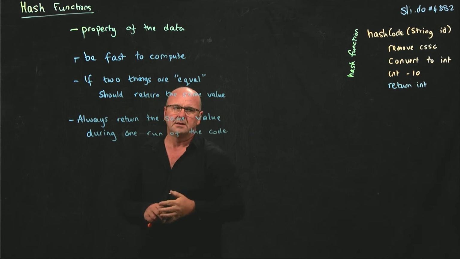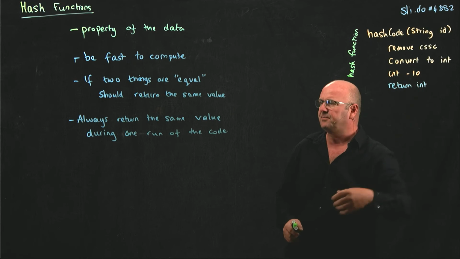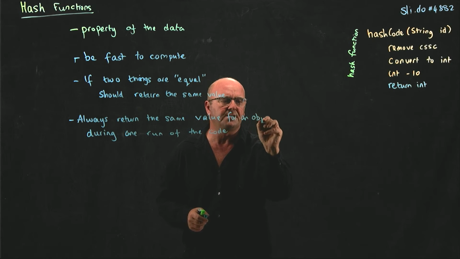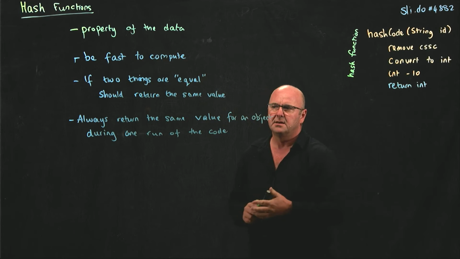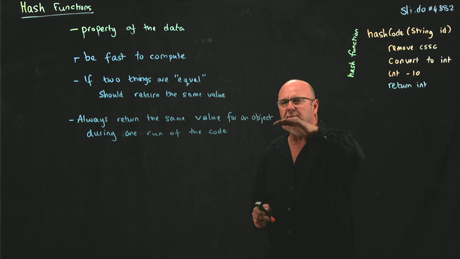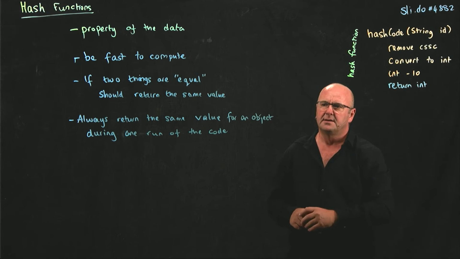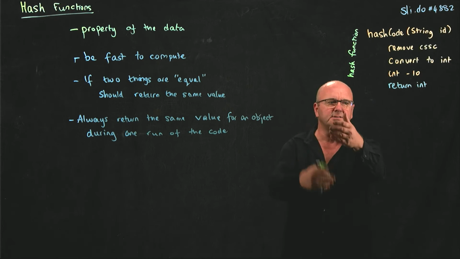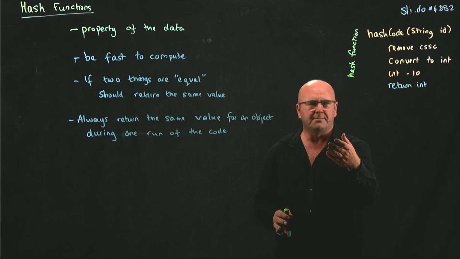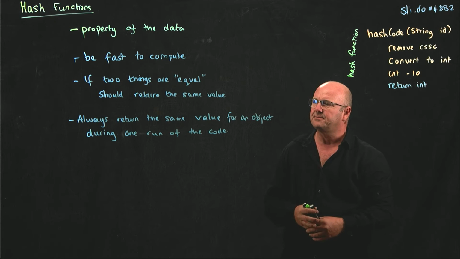Okay? So if I start a program and I call this hash function with an object, that's key. If I call this function with an object, every time I run it and I call with the same object, I should get the same number back. So if I put your grades into my associative arrays, and then I come back and say, whereabouts is your grade, I've got to get the same answer back based on your ID.